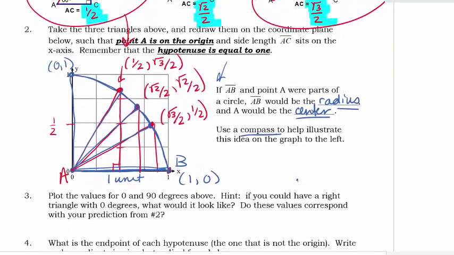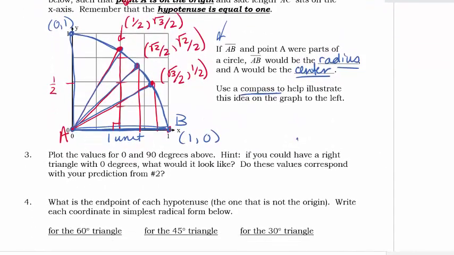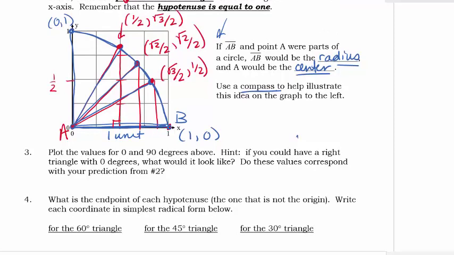All right, this is pretty cool because now all of a sudden we have the values for 0 degrees, which is this segment AB. If I don't make an angle, I have a 0 degree angle. That's where that one lies. And if I have a 90 degree angle, I'm going to go up to the y-axis. This would be the 90 degree angle. So we've got the points for the 0 degree angle right here and the 90 degree angle right up here.